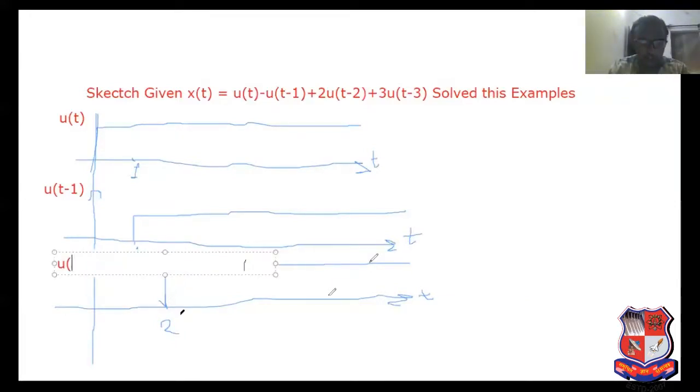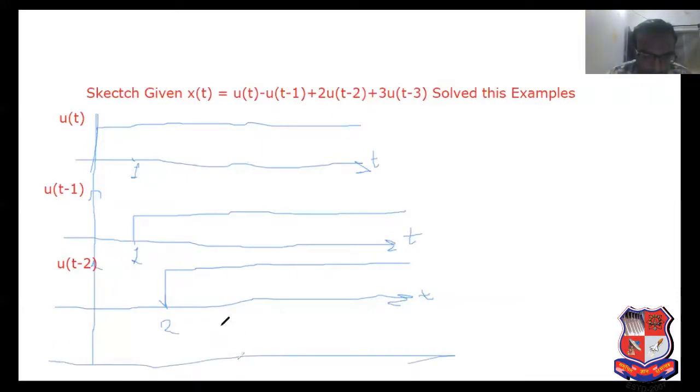Here u of t minus 2 and 3u of t minus 3. So here we can sketch the graph. It starts with 3.